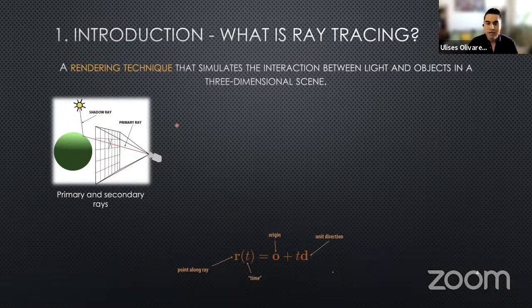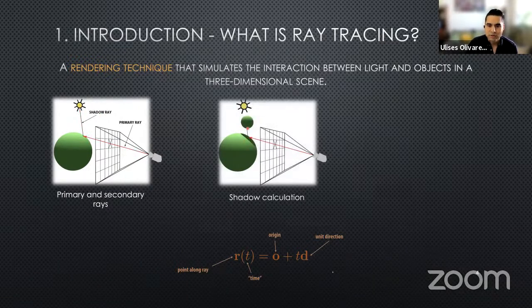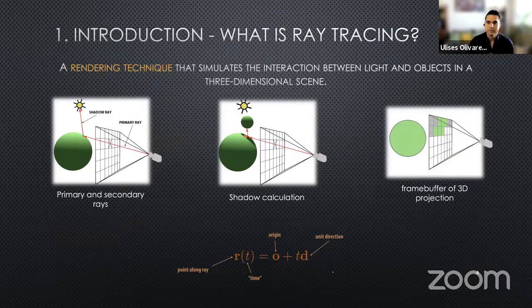Those shadow rays are actually quite useful in order to calculate these shadows. If we have an object that is between the light source and the original object, we can produce some shadow over here. If we repeat this process in an iterative way, we're going to produce this projection of this three-dimensional model into a two-dimensional image.